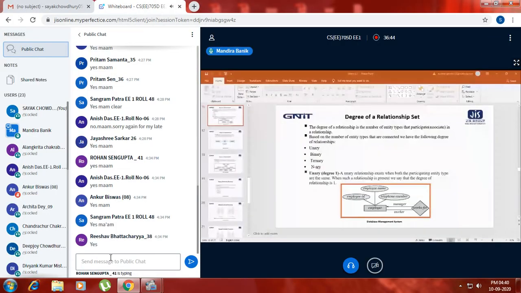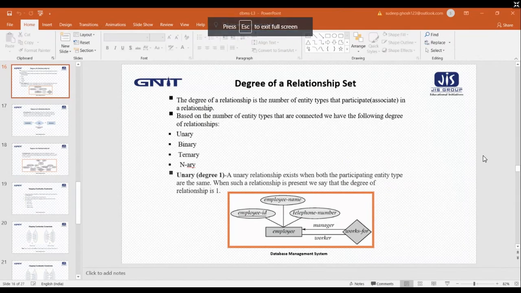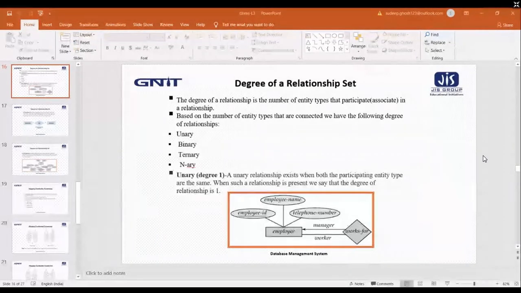Whatever I discussed today, all of the things are very much important from this chapter. Okay, repeat the unary one.